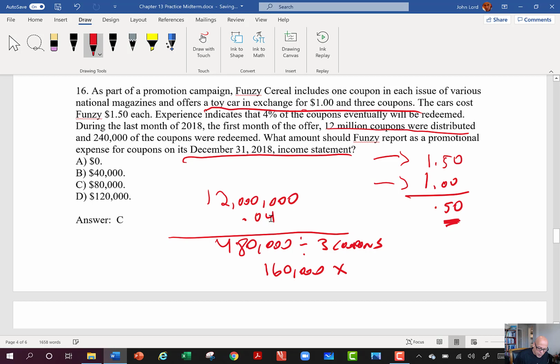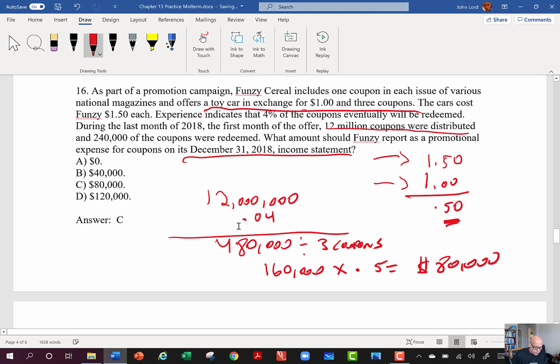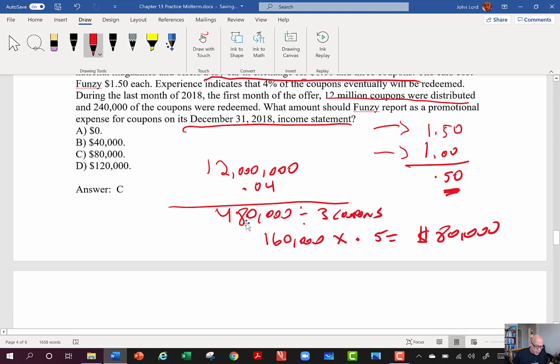So 160,000 times 0.5 equals 80,000. So what will we do, using all of our information here? We have 12 million coupons out there. 4% of the people will turn in the coupons, but they have to get us 3 to get the car. So we're going to incur costs for 160,000 cars, where our net cost is 50 cents. The car costs $1.50, but the person sends us $1 with the coupons.